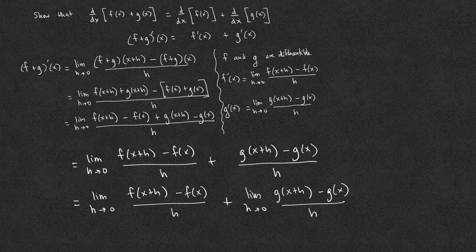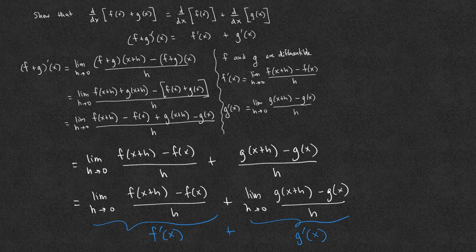But if we have the limit of the difference quotient of the function, then we can simply write the derivative, and so the first term with the limit is f prime of x plus, and the second term is the definition of g prime of x.